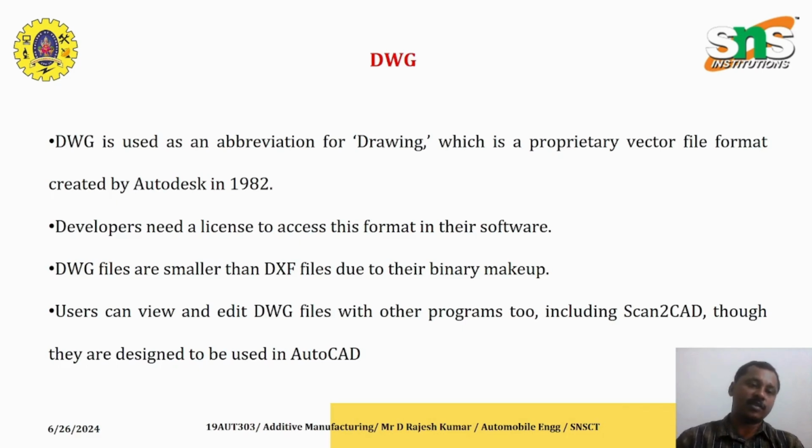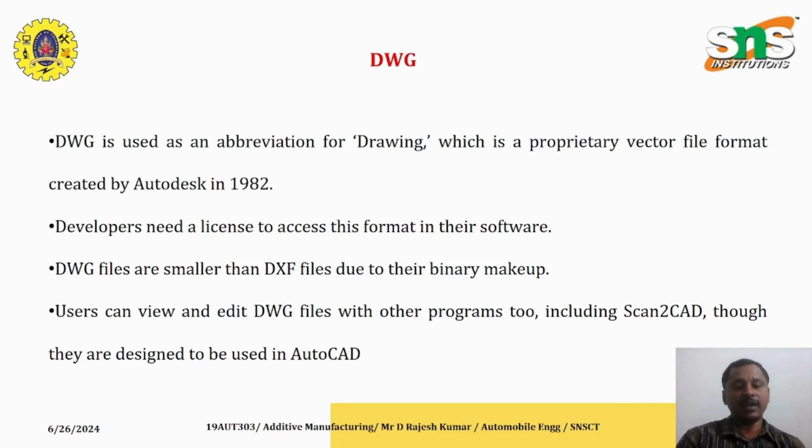DWG is an abbreviation for drawing, which is a proprietary vector file format created by Autodesk in the year 1982. The developers need a license to access this format in their software. So the licensing is very much important. Without licensing, we cannot use this file format.